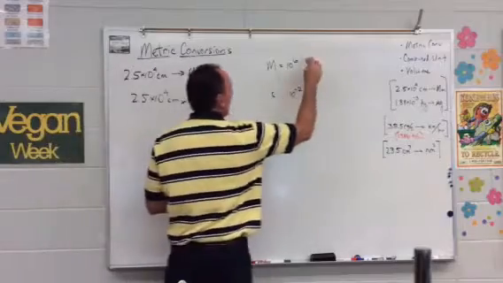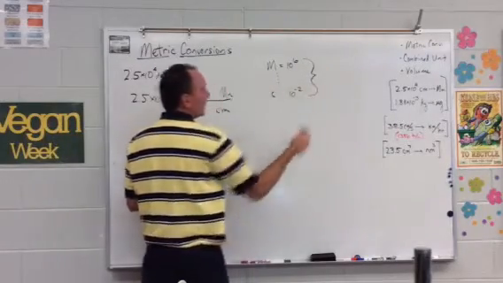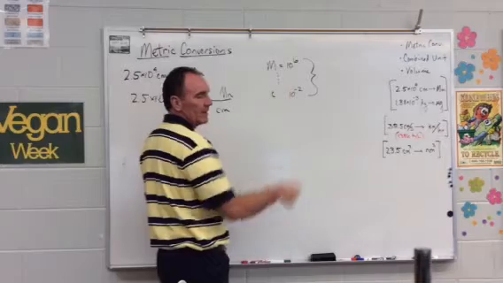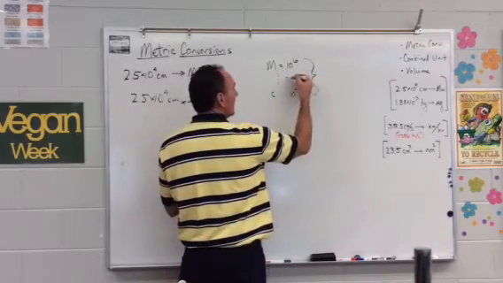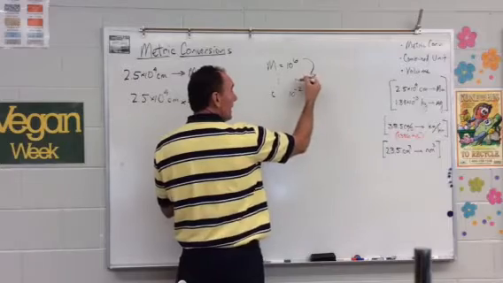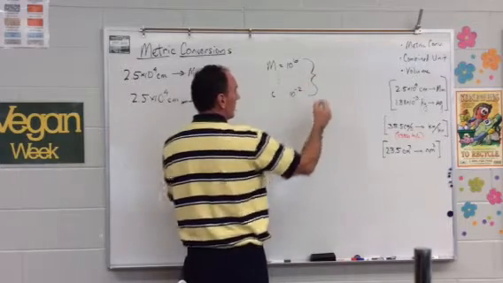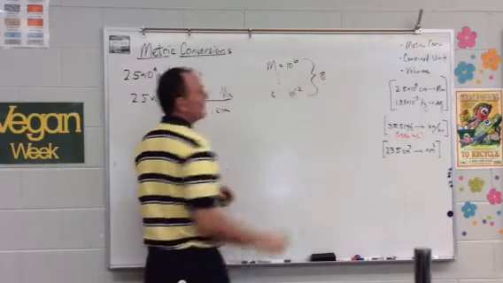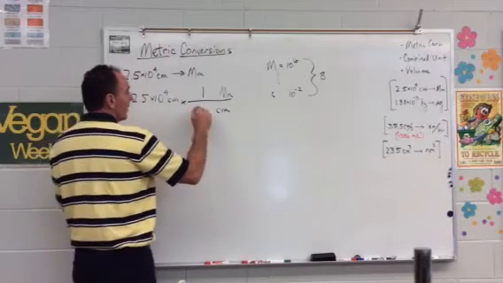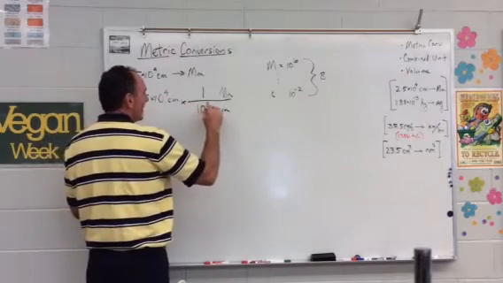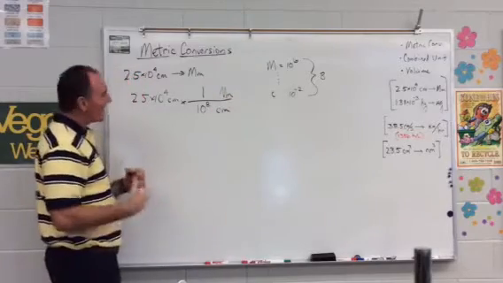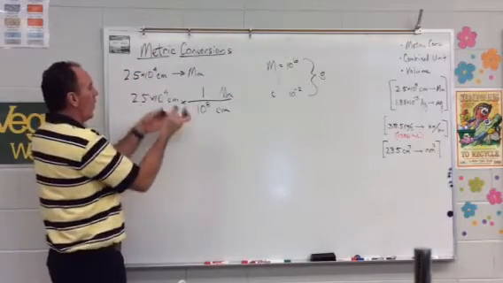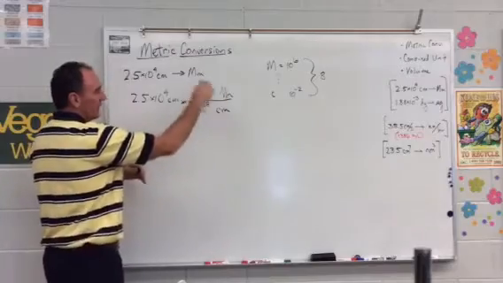I look at the number of powers of 10 difference, not subtracting them. 6 to the base is 6 powers of 10, and the base to minus 2 is 2 more powers of 10. That's 8 powers of 10 difference, which means there are exactly 10 to the 8th centimeters in a megameter. That's the easiest way of determining your conversion factor.